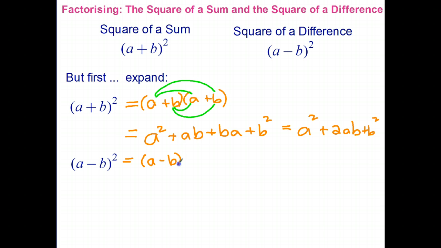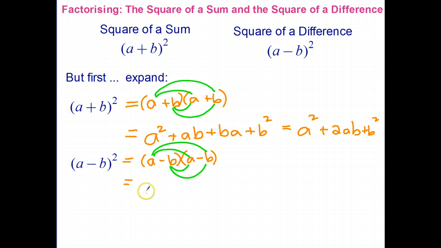a minus b all squared is a minus b times a minus b. I'll use the crab claw to expand it. a times a, minus a times b, minus b times a, and minus times minus is plus b times b.